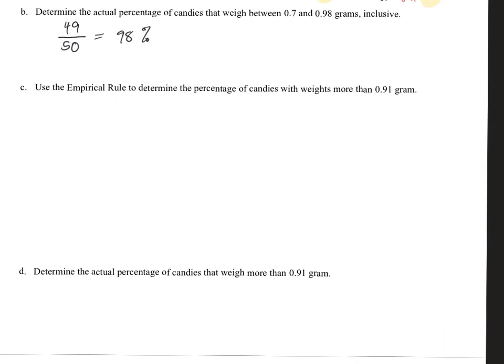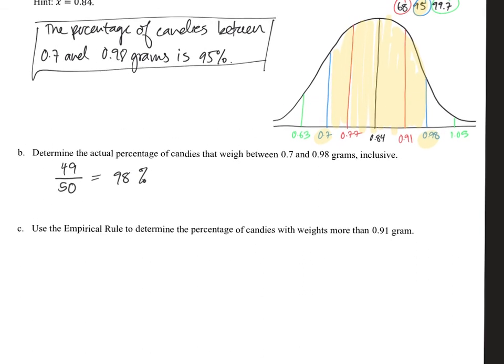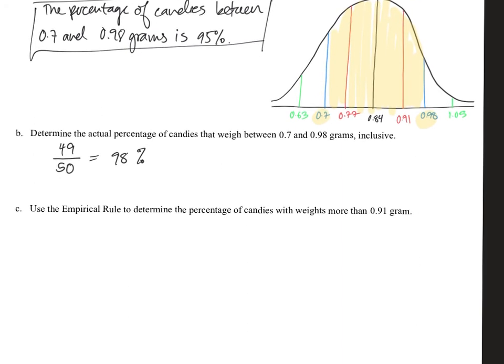So now we're going to use the empirical rule to determine the percentage of candies with weights more than 0.91 grams. Let's refer back to our graph over here. I'm going to copy it down for a second. I'm looking for the value 0.91 among my empirical rule deviations. And I see it's right here, which is in red, which is my one standard deviation away.